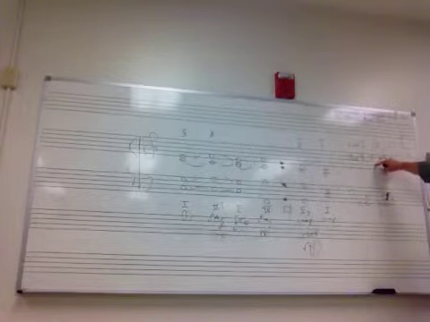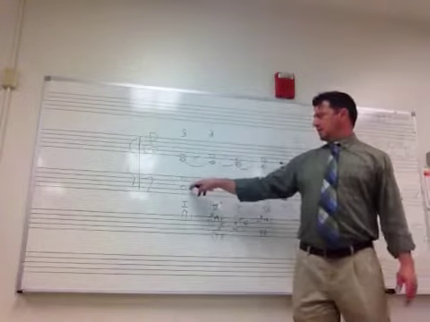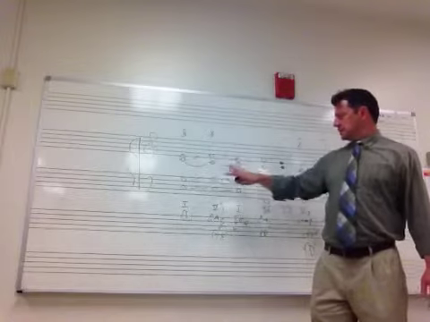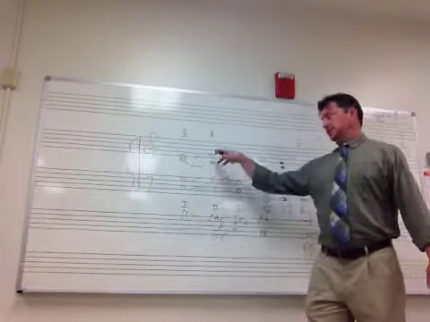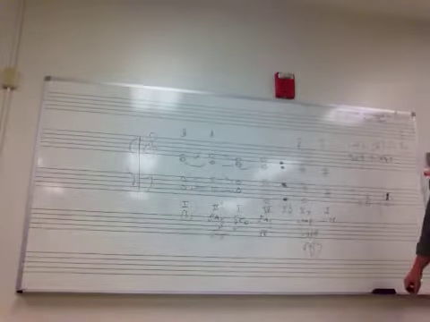I will mention some books call this an auxiliary 6-4, the idea being that this note is held, and then you have these neighbor tones. And some books call neighbor tones, to sound fancier, auxiliary tones. I think that's kind of a British preference.